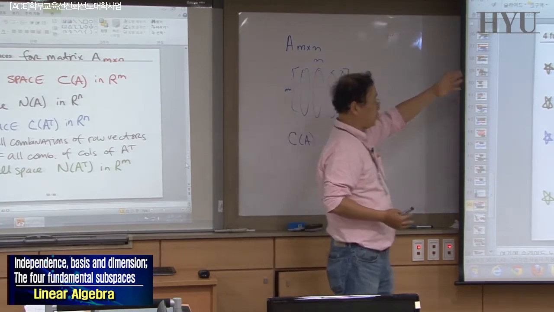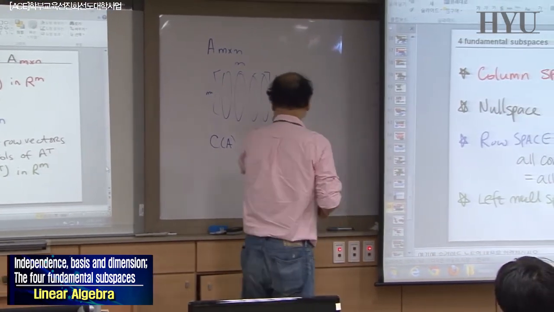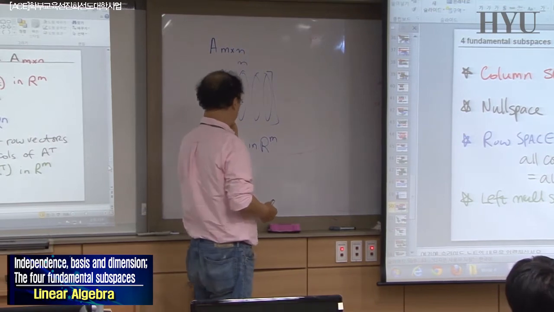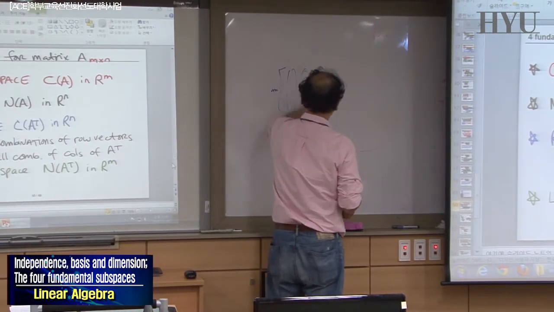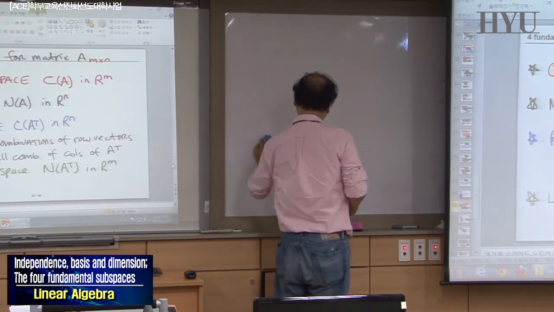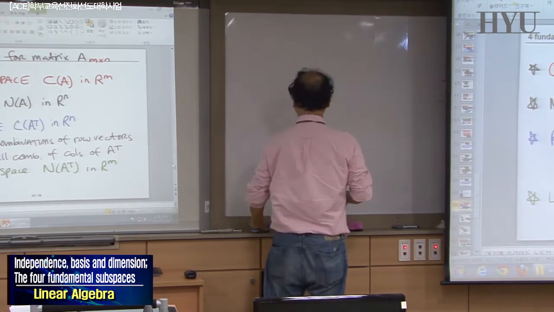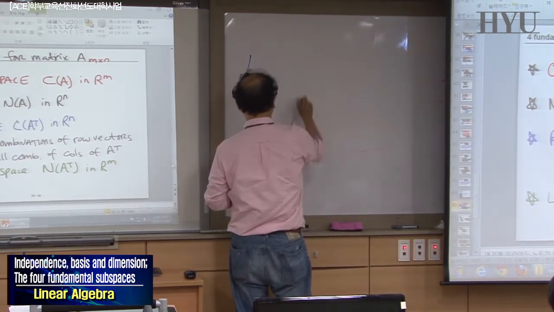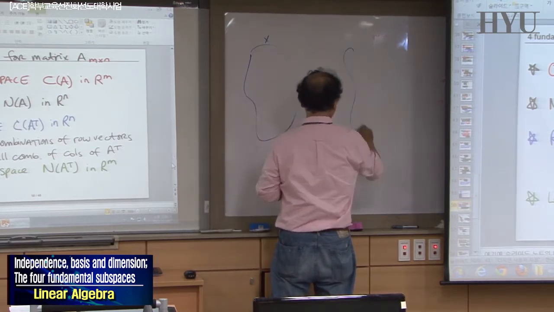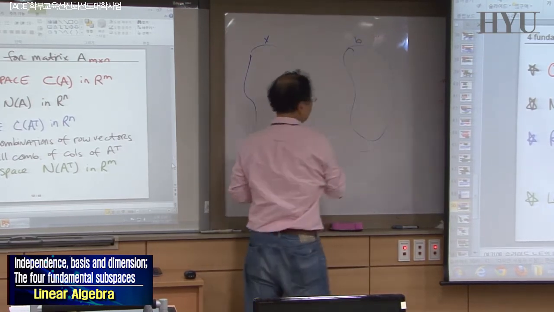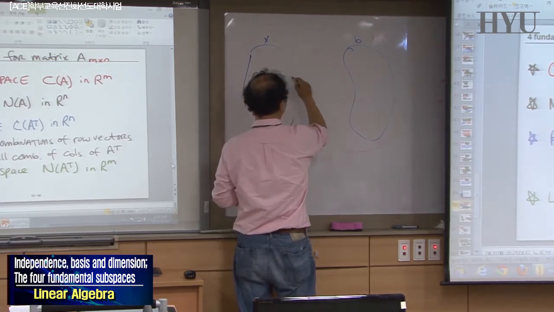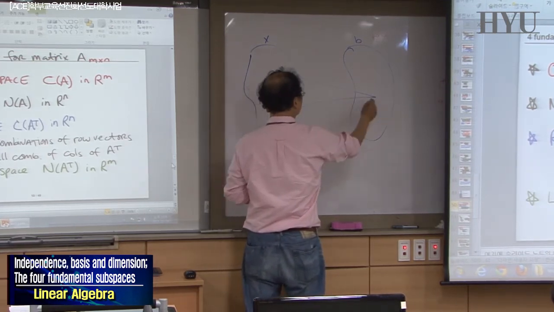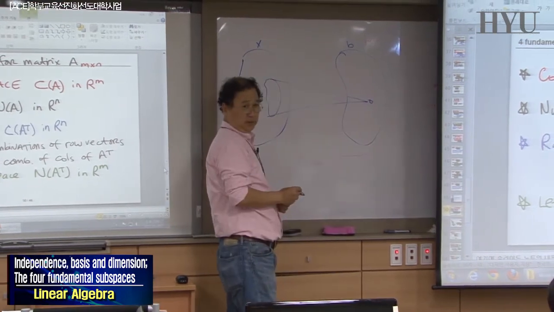So there's the column space, we learned about it. Then the null space. The null space we defined. Here we take x, then define Ax equals 0. Let's say whatever subset of these always maps to the 0 vector.